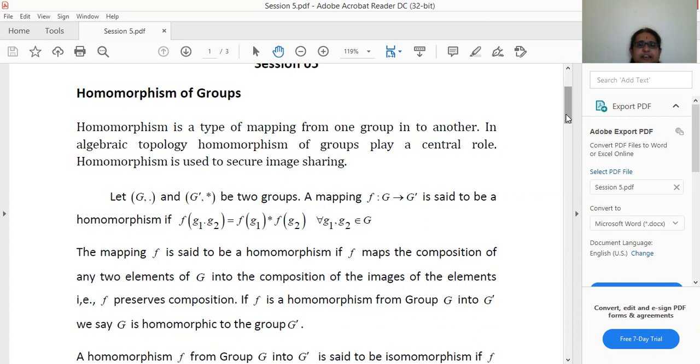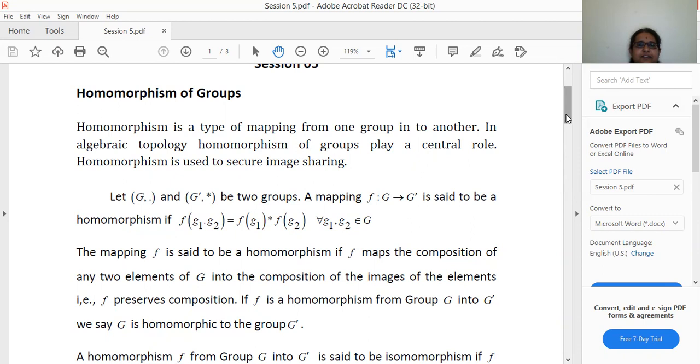Basically, homomorphism means it is a mapping between two groups. In some cases, the domain and codomain may be the same group, or in some cases they may be different groups, and the binary operation also sometimes may be the same for domain and codomain, and sometimes it will be different.